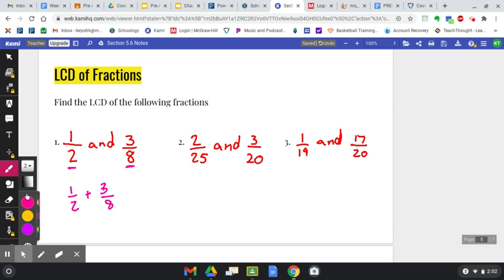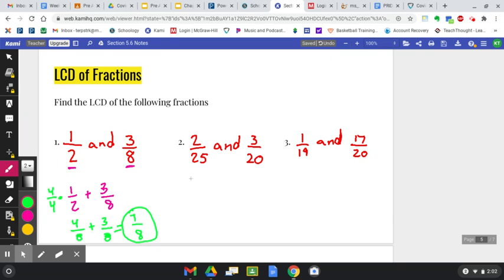I'm working with smaller numbers, meaning if the least common denominator is 8, I can multiply this fraction by 4/4, right? And really that's just multiplying by 1. So I'm just changing the form of it, right? So I can change 1/2 to 4/8, plus 3/8. And now that they have a common denominator, I can add those 2 fractions together just like we did in section 5.5.